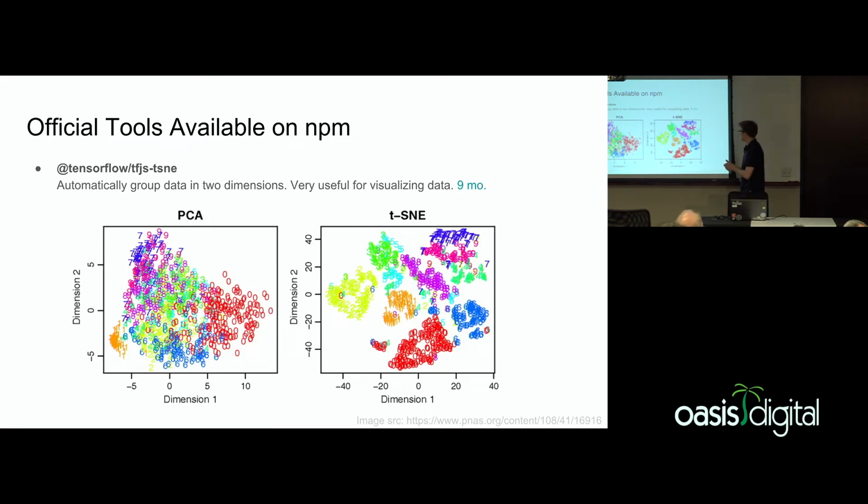So it's a pretty general algorithm that you can use on many different kinds of data. It's a very nice way to do visualization. And so this is now in the box with TensorFlow.js, 9 months old. It's another thing to consider if you want to do just general purpose visualization stuff.